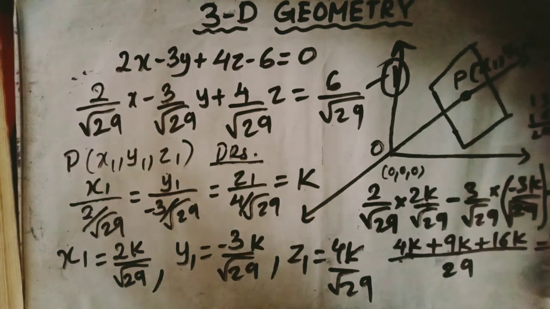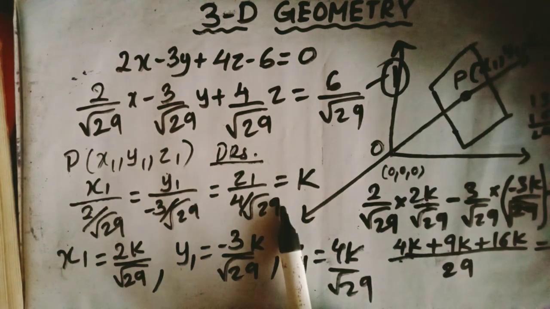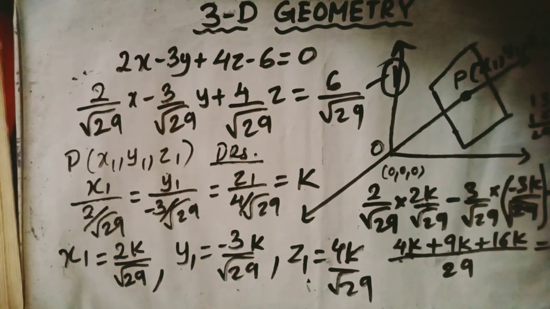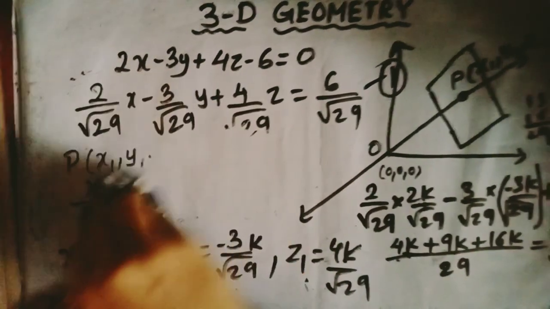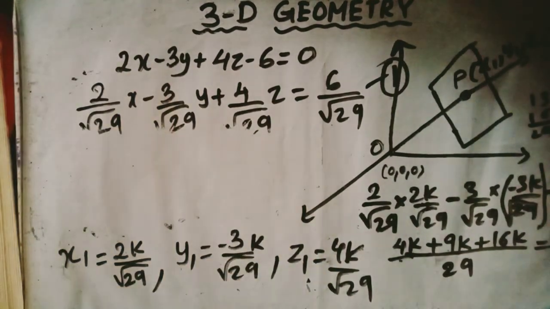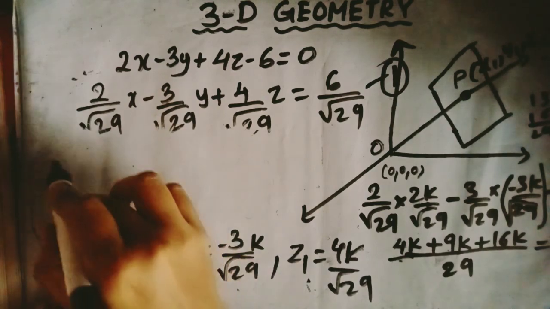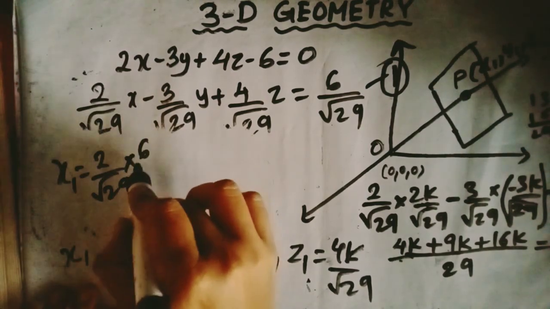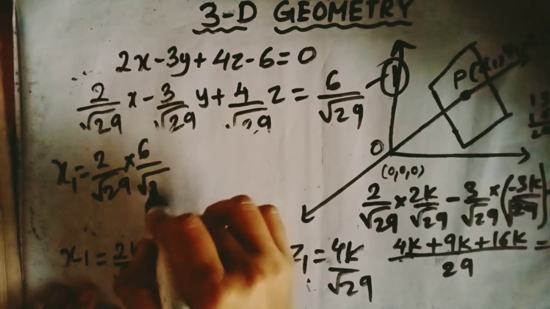Okay, which you can substitute here, in x1, y1 and z1, and you will get x1, y1 and z1 value. Okay, so I'll just write it here. Our k is 6 upon root 29. So x1 becomes 2 upon root 29 into 6 upon root 29.